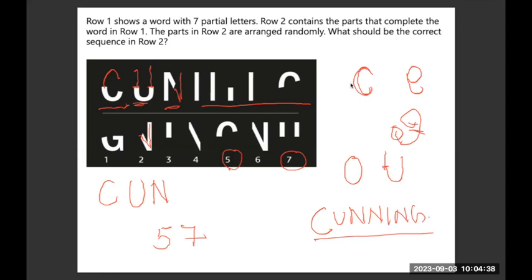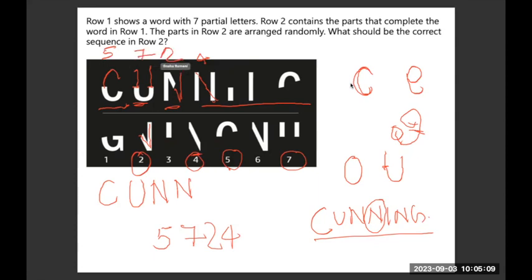Then the next part, if this letter is supposed to be N, which comes here like this, then number 4 comes. So 5, 7, 2, 4. Here number 4 comes. Here 5 comes, 7, 2, and 4.